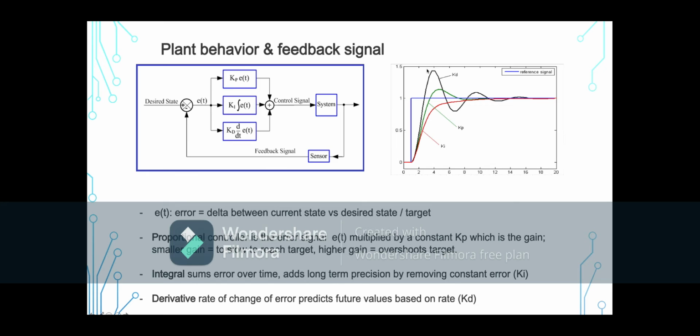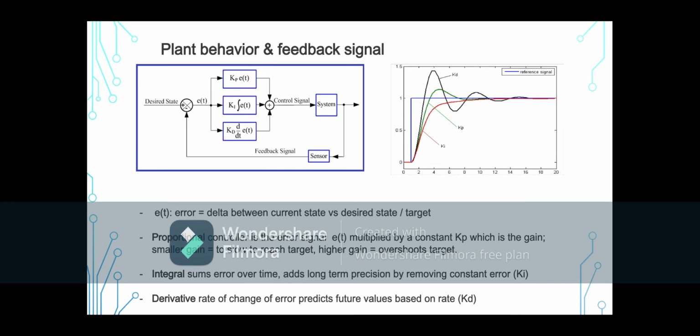But what is the new drive signal after the feedback? First of all, let's take a look at the concept of error in the system. The error is the delta between the current state of the system versus the desired state, the target, or the equilibrium point.